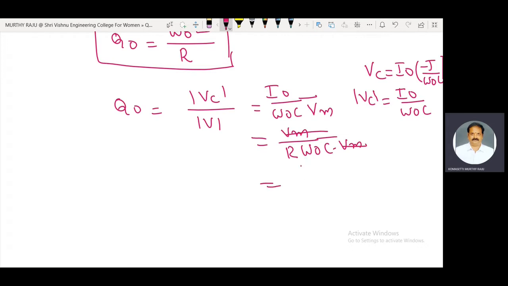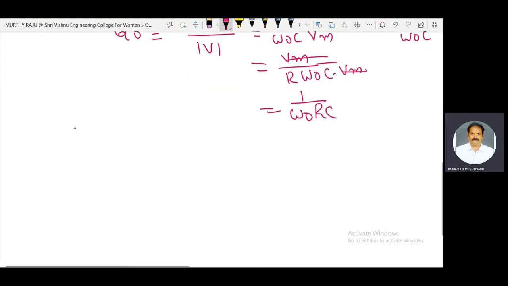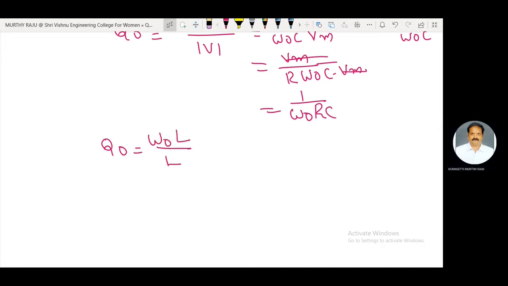Vm is cancelled, giving 1 by omega naught RC. Therefore, the quality factor for the inductor is Q naught is equal to omega naught L by R, and the quality factor for the capacitor is Q naught is equal to 1 by omega naught RC.